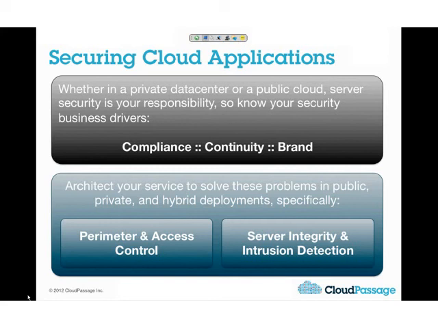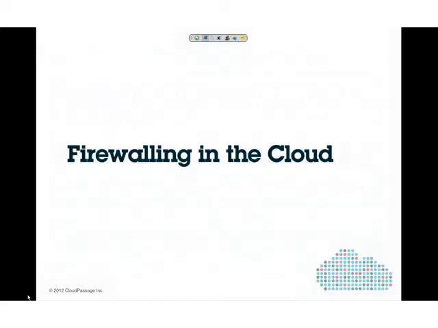And whether you're running in a private data center that you control or in the public cloud, you need to architect your solution to provide the traditional security capabilities of perimeter and access control, server integrity, intrusion detection, all these kinds of things. And so I hope to explain a little bit more about the details of how those things do work in the cloud and what you can do to make your system safe.